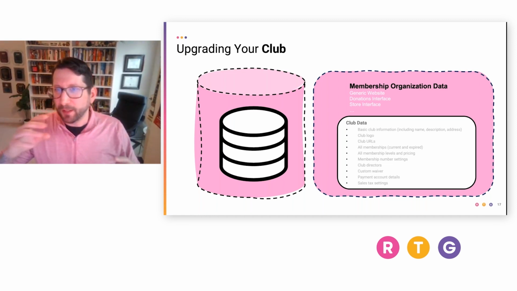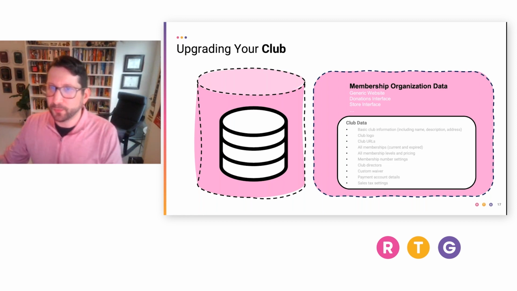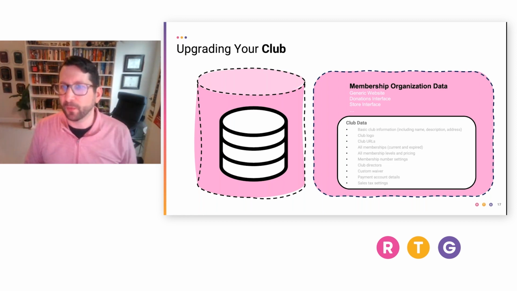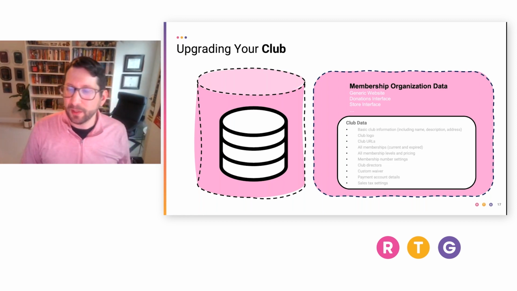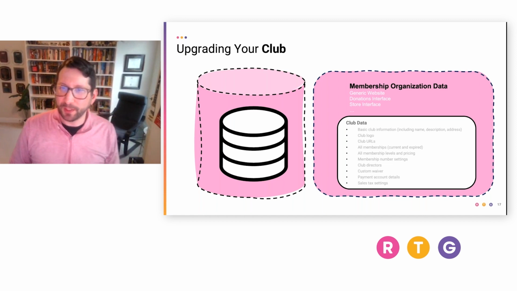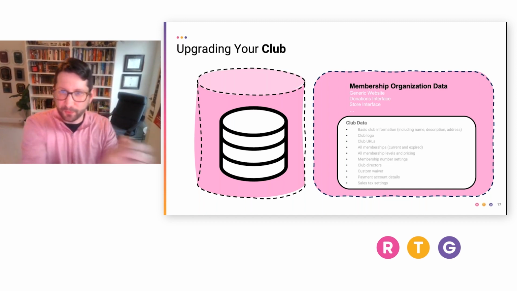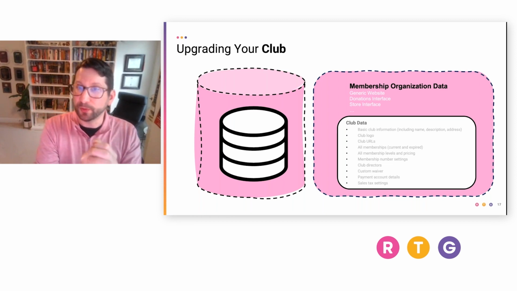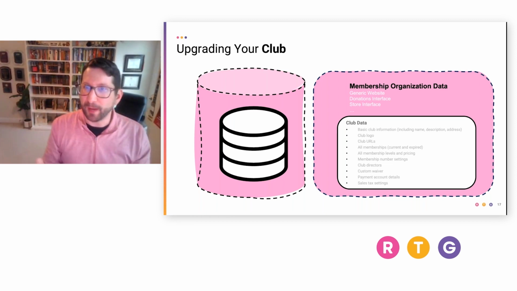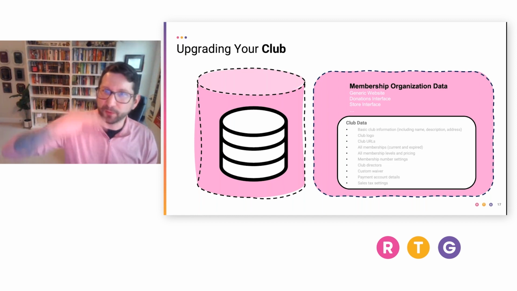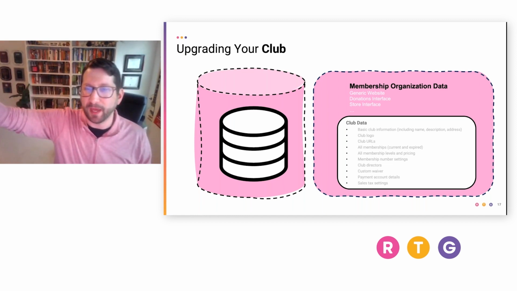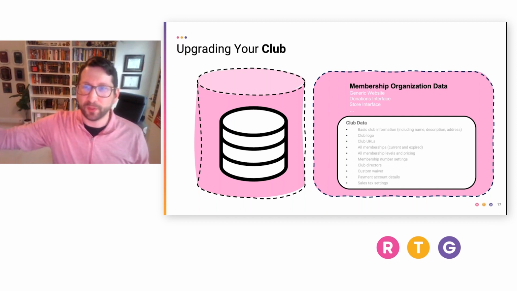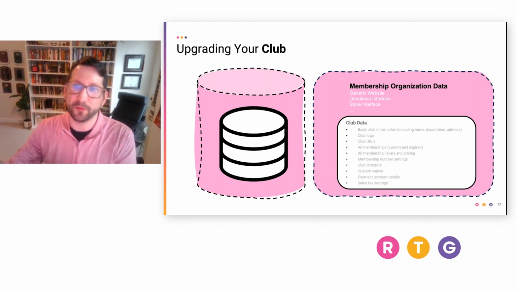It works out nicely because nothing's moving. We're just adding stuff in there. When you click that upgrade button, we take your club and ask, what are all of the things we need to create in order to make this wrapper fit in? Like we have here, we need a generic website, so let's create that for you automatically. Let's create some variables so you can interact with the donations interface.